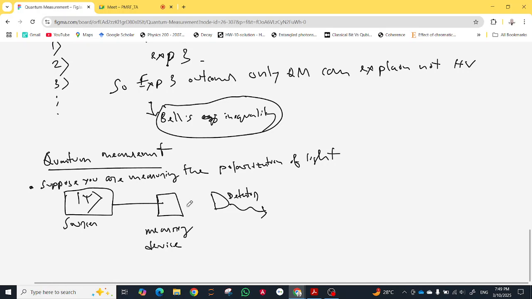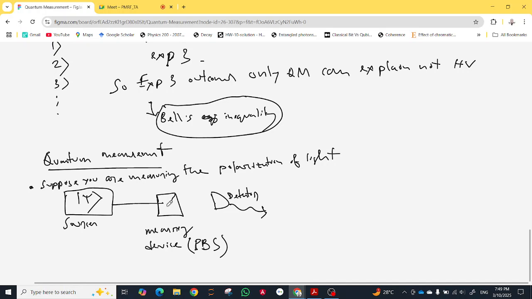So here you can say the measuring device. You can have many kinds of measuring devices. One example is a polarizing beam splitter or polarimeter, whatever you want. So you put a PBS, polarizing beam splitter. I just put one PBS.